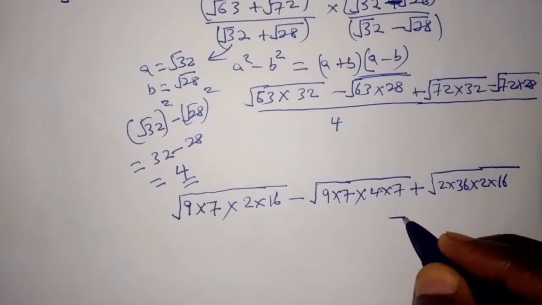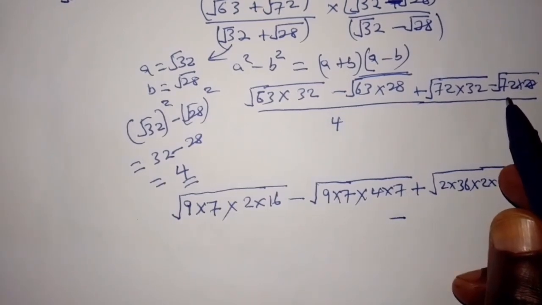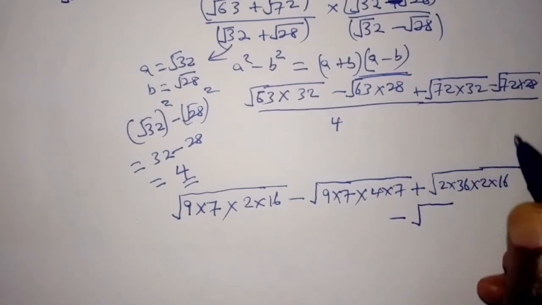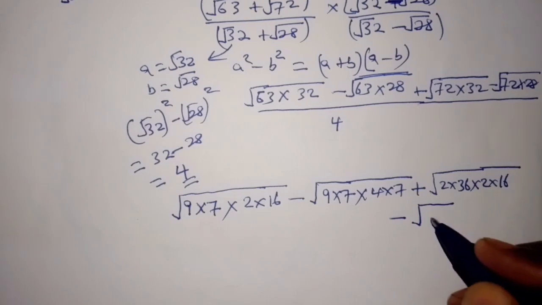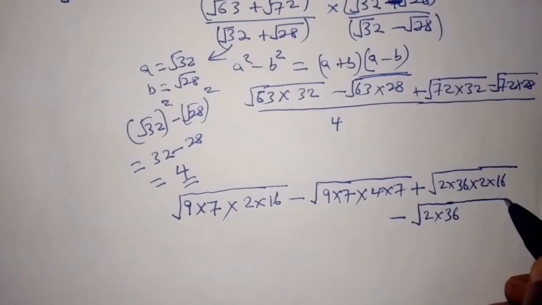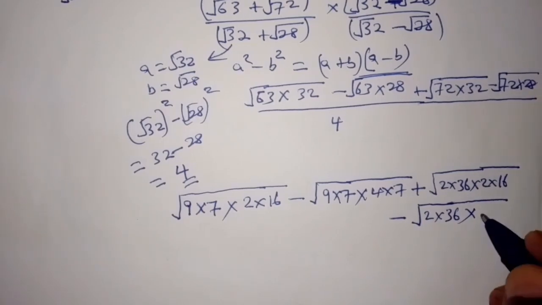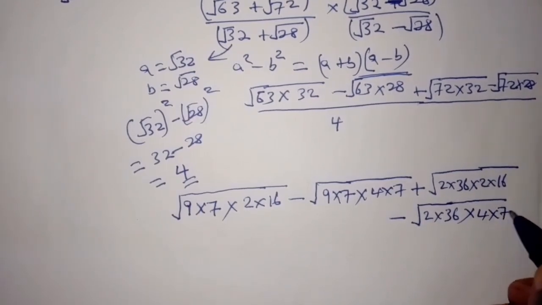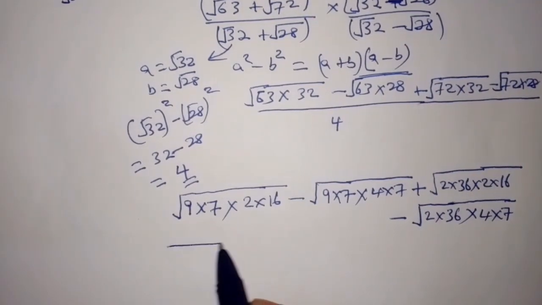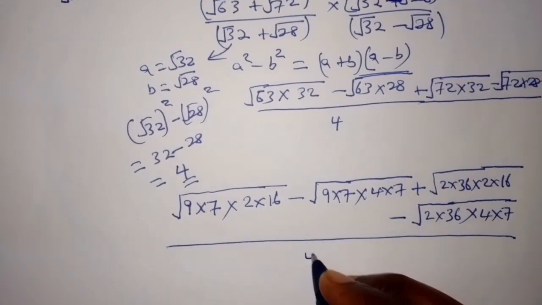Minus square root of 72. 72 is 2 times 36. 28 is 4 times 7. Then we put this one over 4.